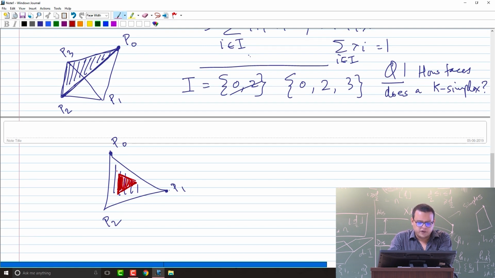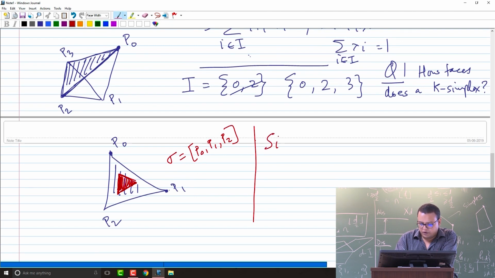Is this a face of this simplex sigma, this triangle? It is not, right? It is not a convex hull of a subset of vertices of the simplex. Few simple properties to verify.